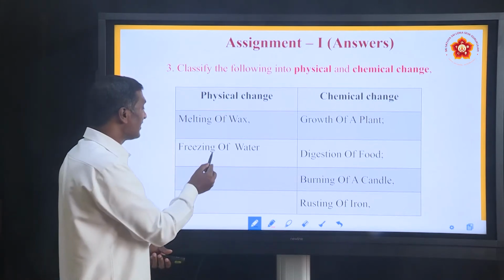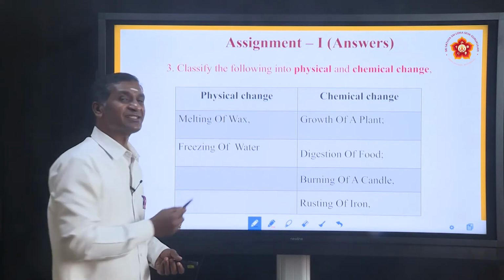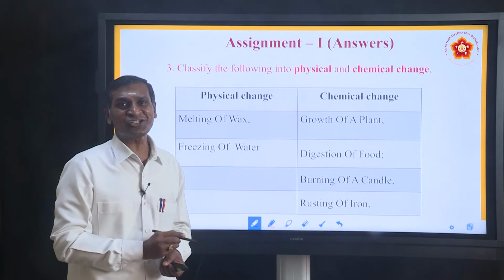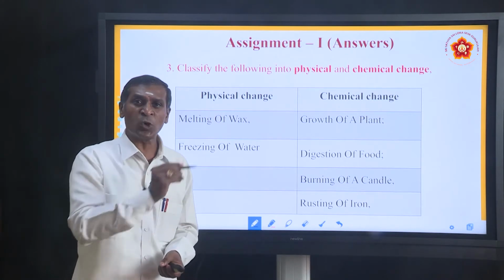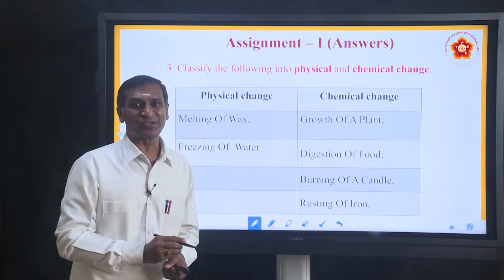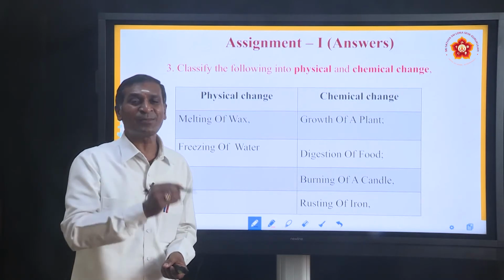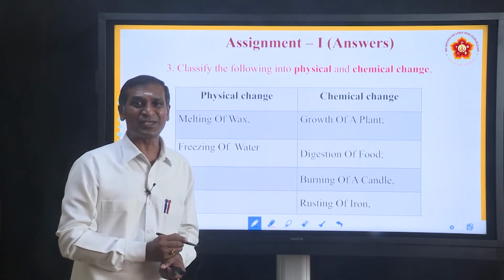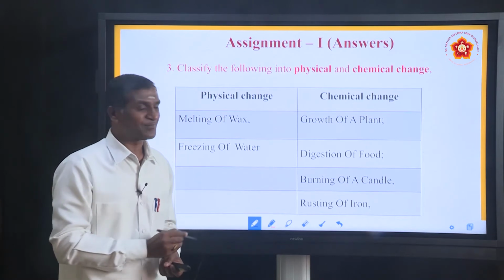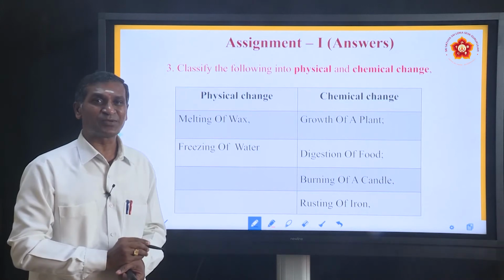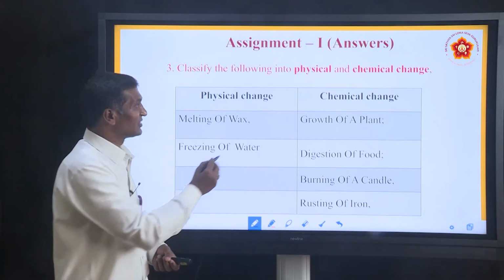So, we call that a physical change, which is a reversible change, a temporary change, a change where no new substance is formed. Only the physical form may change, that's all. The chemical nature of that substance will be one and the same. So, freezing of water is an example for physical change.